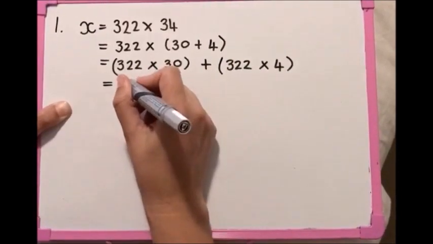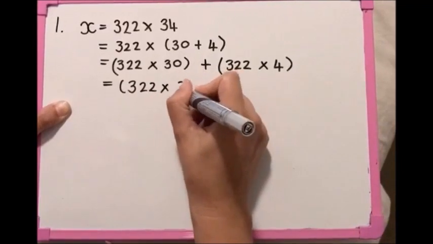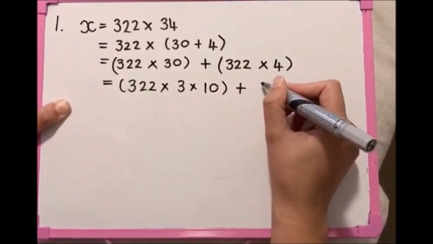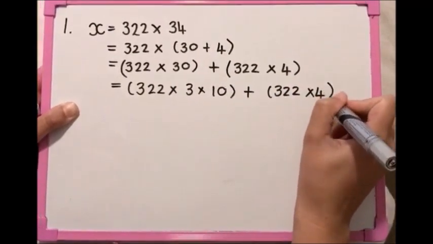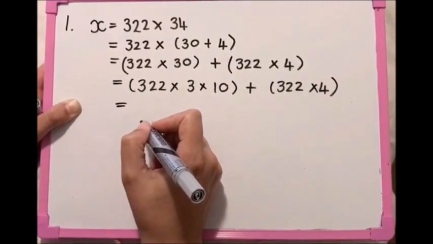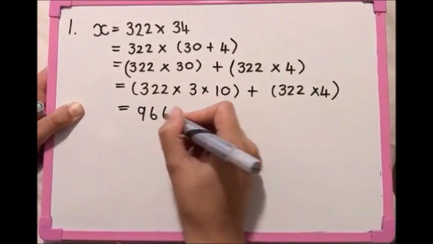To simplify the sum even more, we break up the 30 into times 3 times 10. So it is easier for us to get to the correct answer. If we say 322 times 3, we get 966.